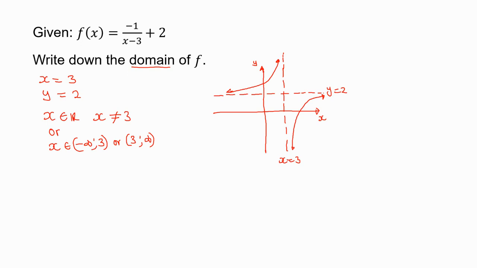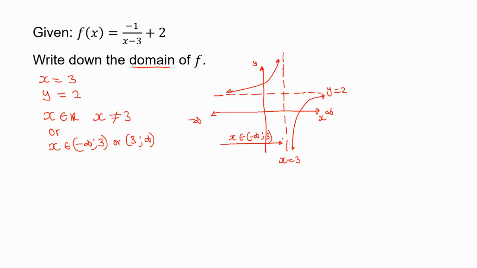So we're saying the domain, these are the x values, can be from negative infinity. Remember, negative infinity is this side and positive infinity is this side. So from negative infinity up to 3, but 3 cannot be included. That's why I'm saying x here is an element of negative infinity up to 3. Then 3 is not included.